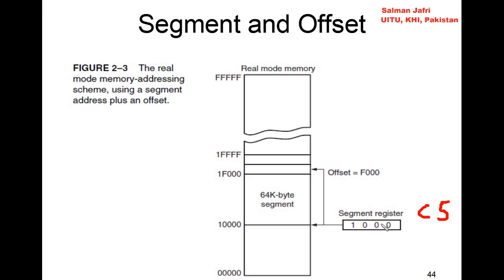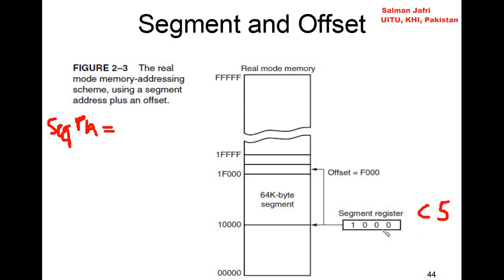If CS contains 1000H, what would be the physical address of the start of the segment? For the physical address of the start of the segment, we'll multiply the segment address by 10H and then add the offset. Now for the starting address, the offset is 0. So what would be the segment physical address?